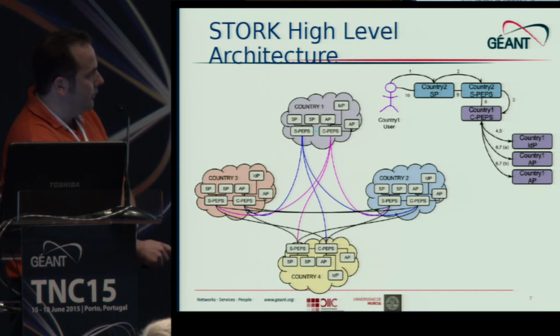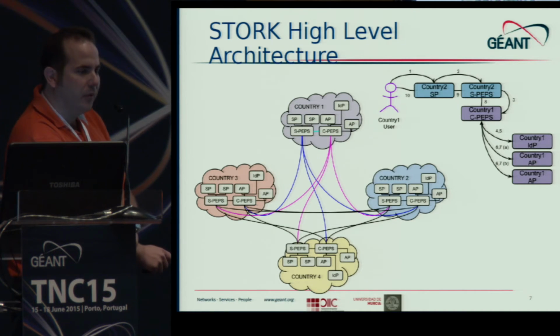When a user from country 1 wants to access an SP from country 2, he would go to the country 2 SP. There, he would be asked where he comes from, or at least where he wants his data to be recovered from. So he needs an identity from that country.